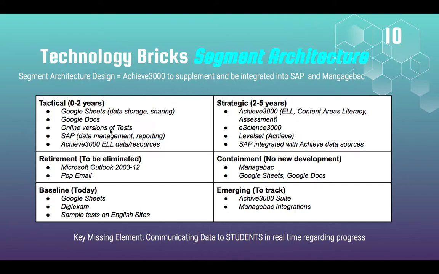We can't get rid of SAP because our school's already invested a lot of money into it. But I think that Achieve 3000, at least the language learner component, could be very quickly integrated once we do a little bit more exploration, testing and strategic planning.